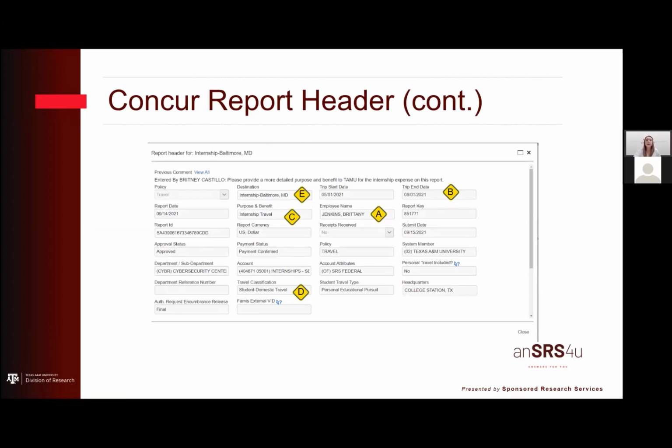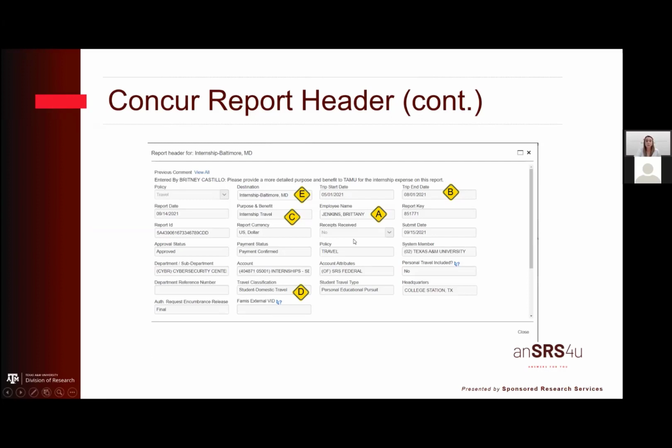And so if it's a non-employee, then we're looking to see, okay, is this a consultant that we're paying, or is this a participant on the project? And are those people allowed to be paid or travel costs reimbursed on the award?